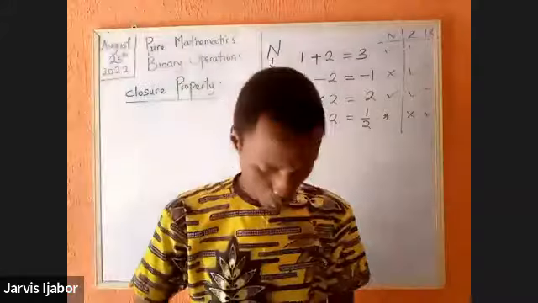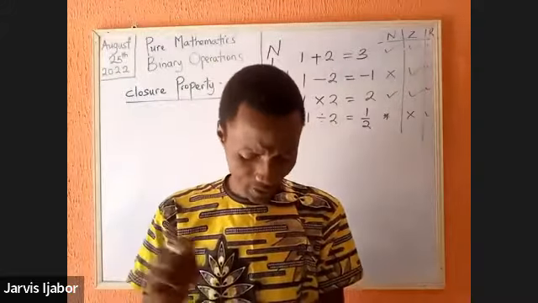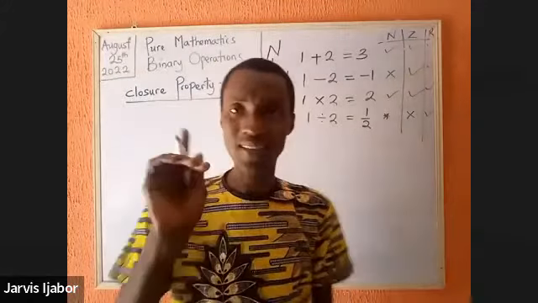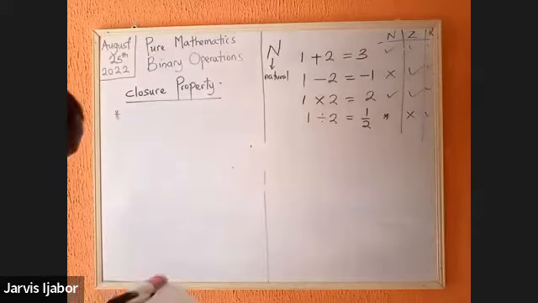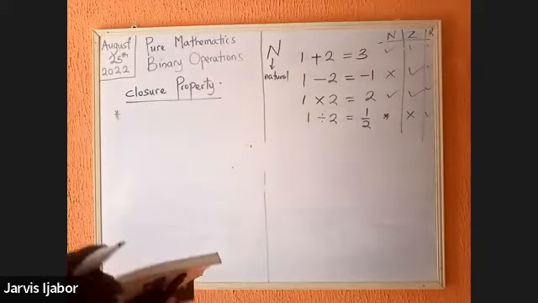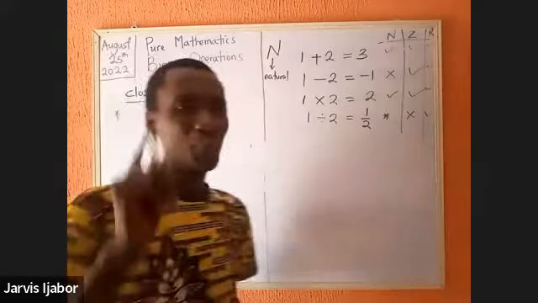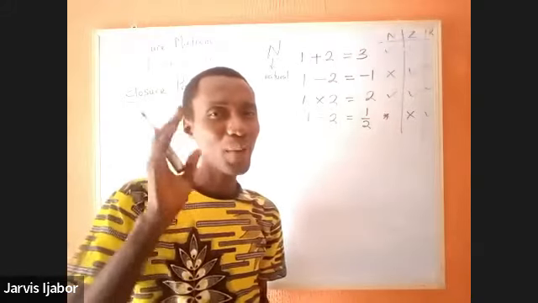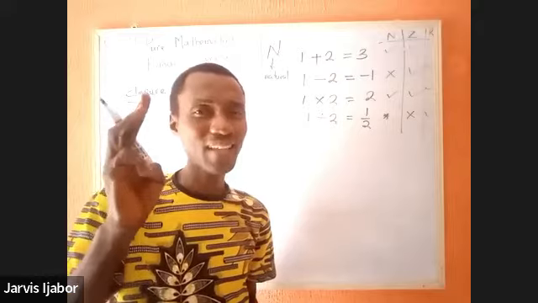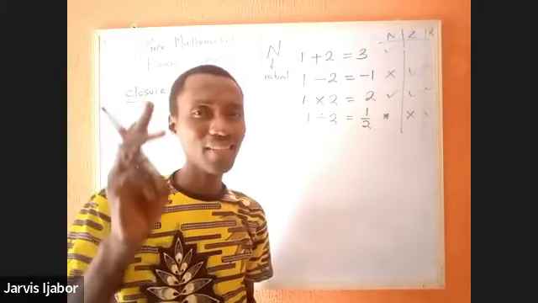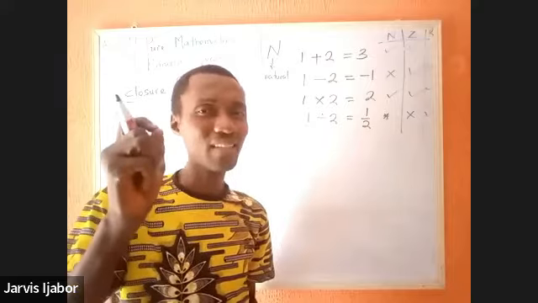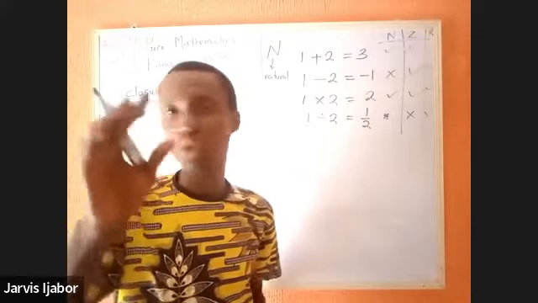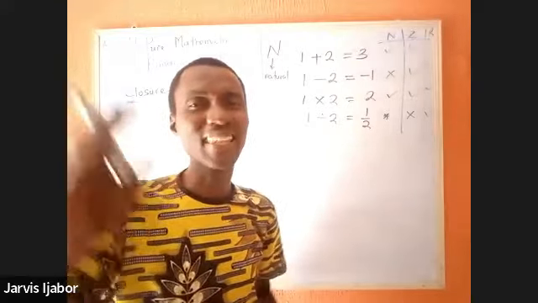On page 22, if you look at the example there, it says an operator asterisk is defined on the set of real numbers. What are real numbers? Numbers that are natural, numbers that are integers, numbers that are rational, and numbers that are what? Irrational. So you discover that the grouping here is large.